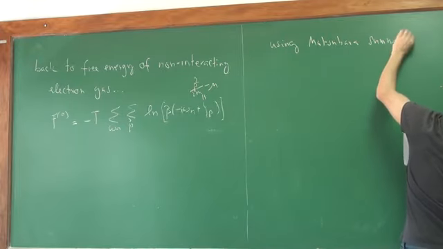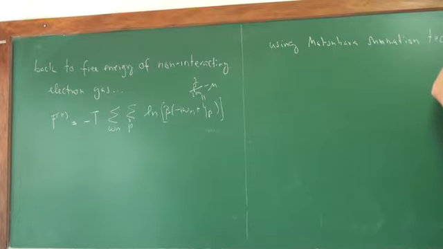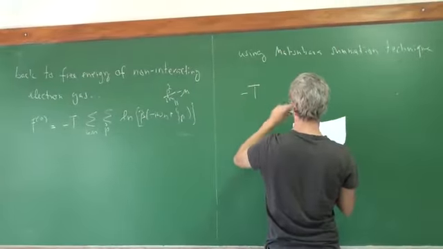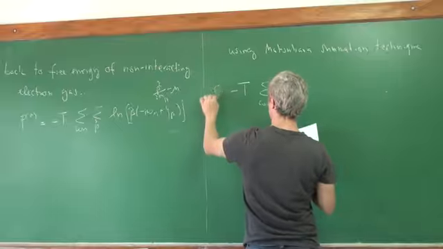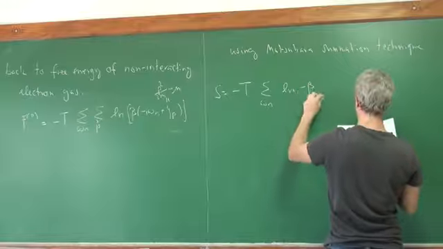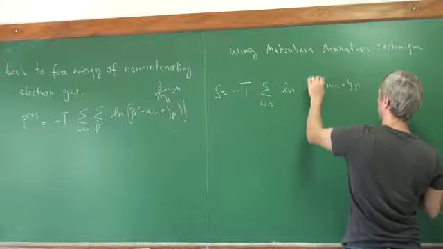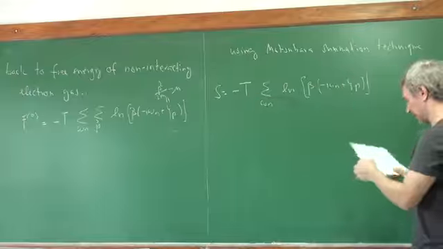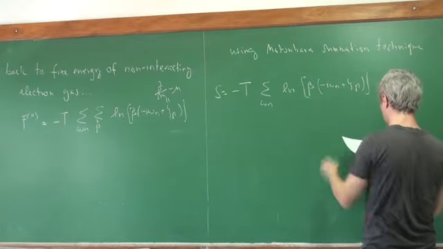So using the Matsubara summation technique, you can write the sum of this again, log minus. So this temperature factor here always also appeared, and this nicely cancels for the beta, which enters in the definition of the counting function.